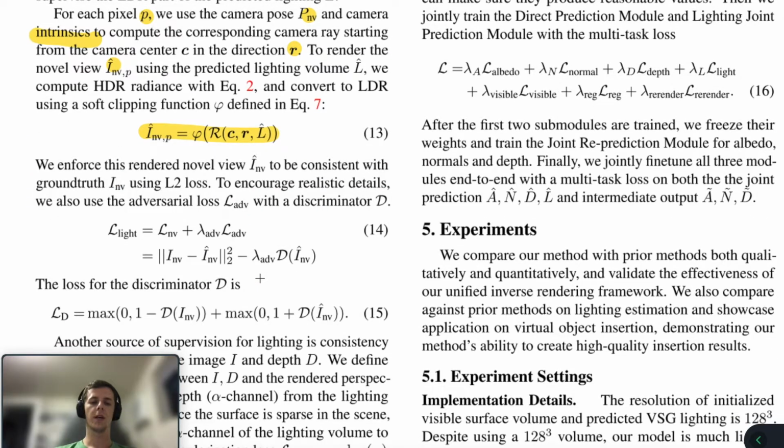To train the system, they use an L2 loss and also an adversarial loss.